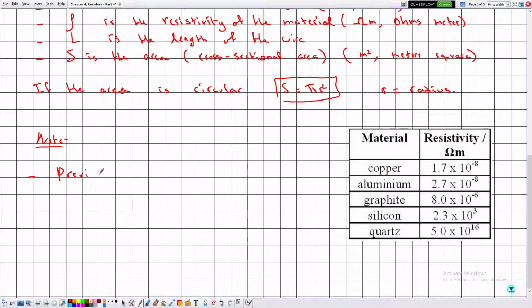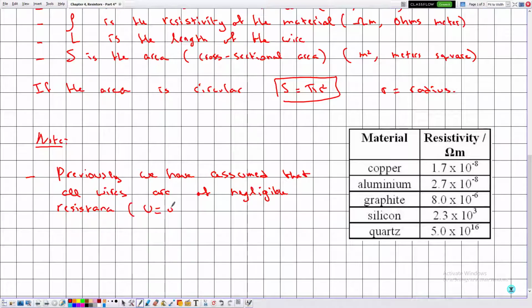Previously, we have assumed that all wires are of negligible resistance, similar to the ammeter.